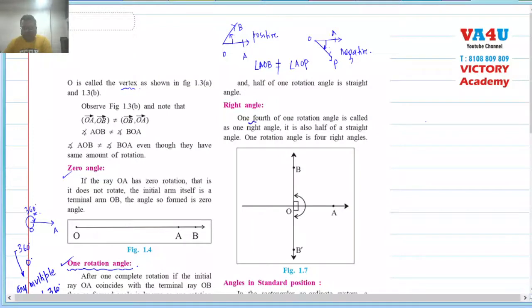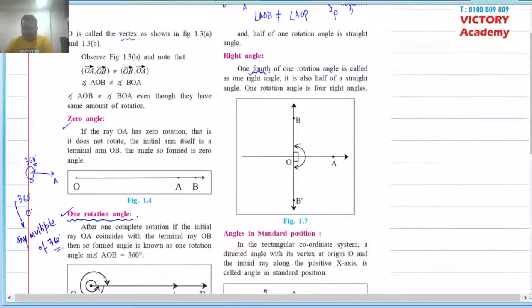That is 1/4 of rotation. But there is a point over here to be noted. If I have AOB, then this is positive because it is in anti-clockwise direction and the angle is plus 90 degrees. Whereas if you consider angle AOB dash, this is negative and it is minus 90 degrees.